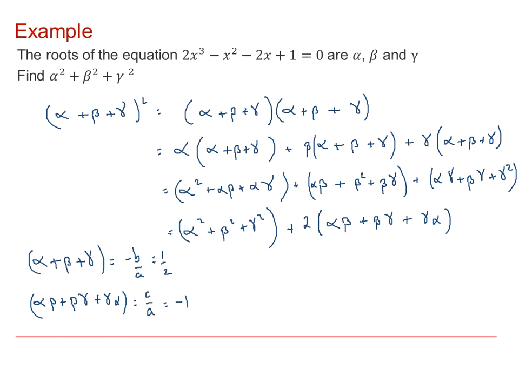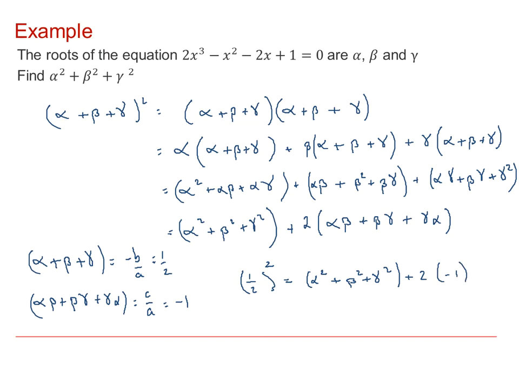So substituting those into the above equation, then we have alpha plus beta plus gamma all squared, so that's 1/2 all squared, is equal to alpha squared plus beta squared plus gamma squared, the thing we're trying to find, and then finally 2 times the pairwise product, so 2 times -1.